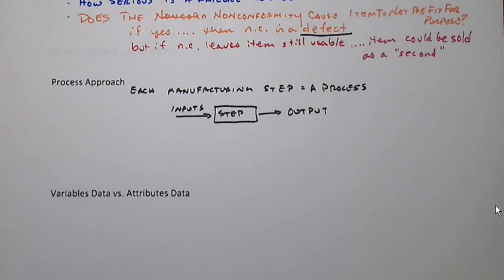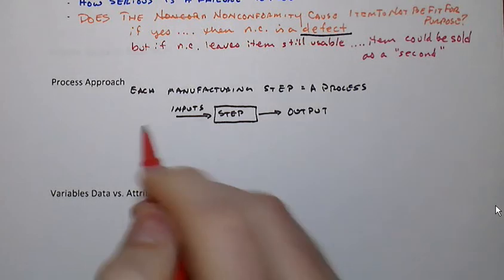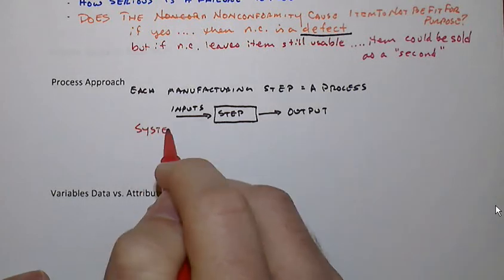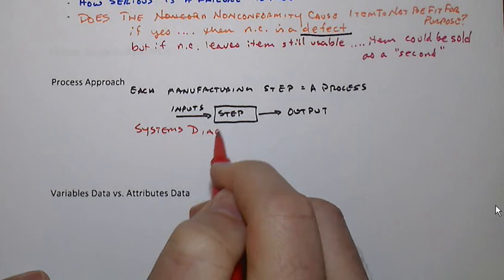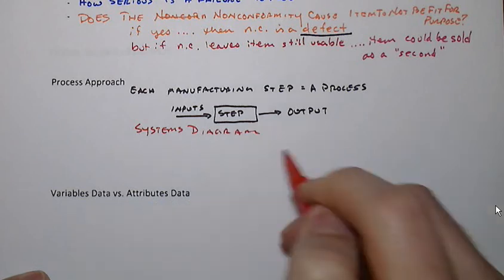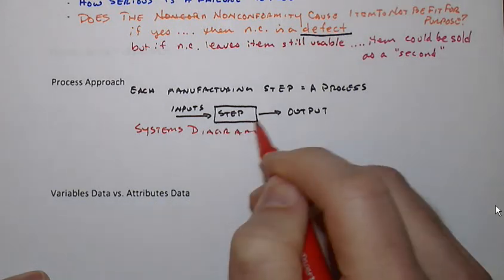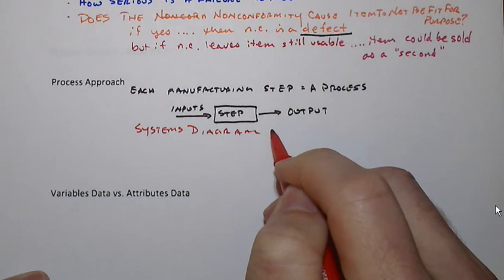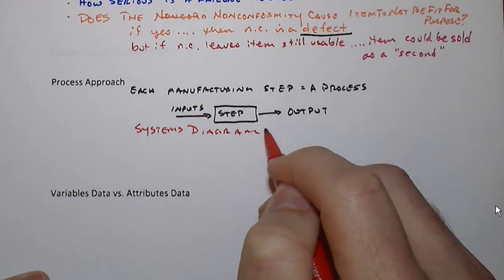And something called the systems diagram is going to chart all of these various inputs and outputs and the various steps.